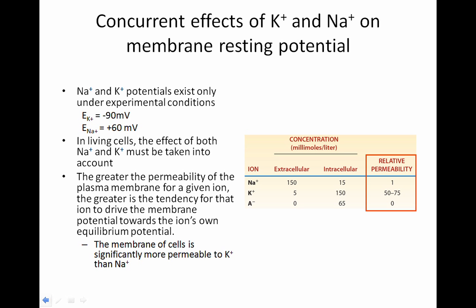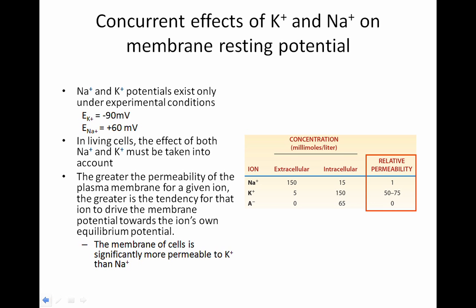But again, when we look at these conditions, it was only an experiment. We only looked at when we put a leak channel for potassium or a leak channel for sodium. So under those conditions, we have those equilibrium potentials of -90 and +60, but in a living cell, we have channels for both.